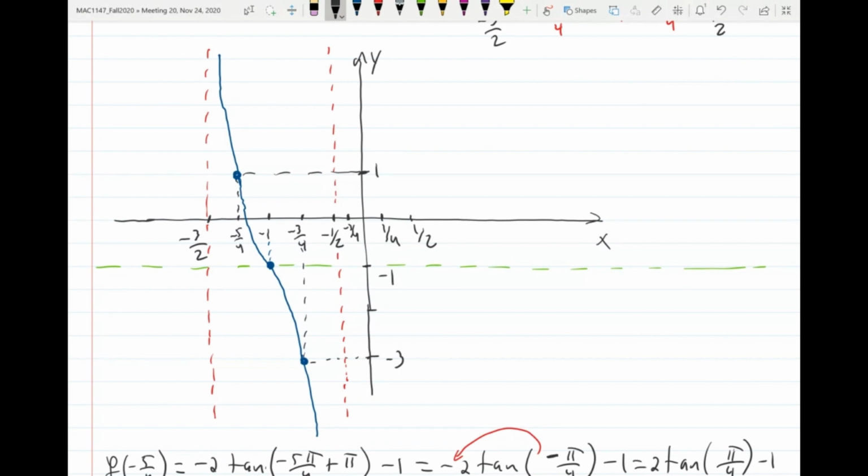Okay, so we're going to come to infinity, then it's going to go here, it's going to go through 0 here, then we're going to have another vertical asymptote right here. Then 1/4 is going to be -3, and then we're just going to go down this way.